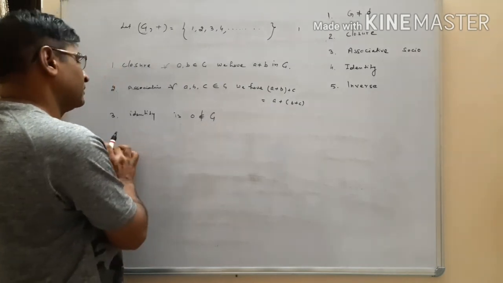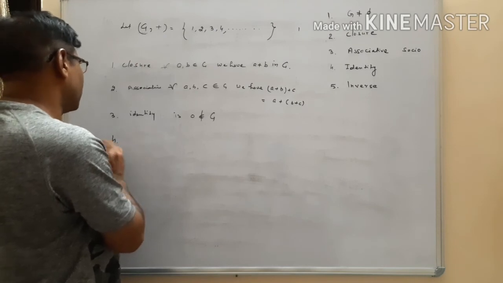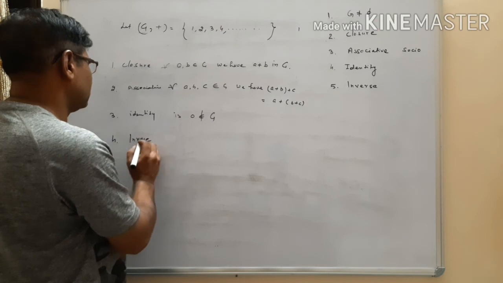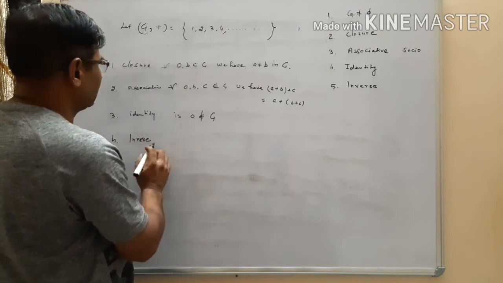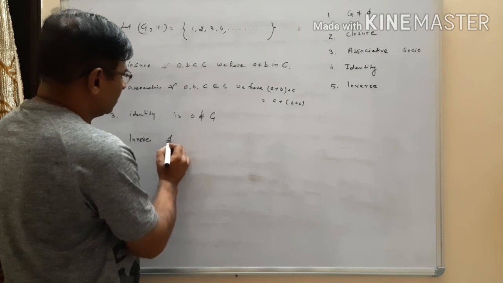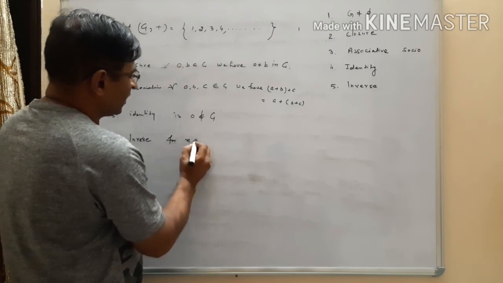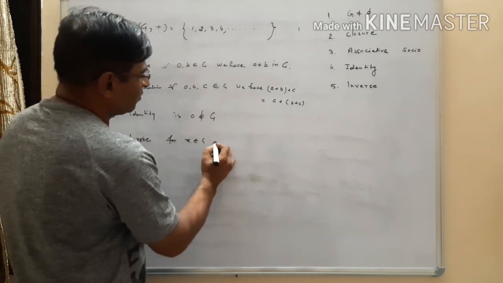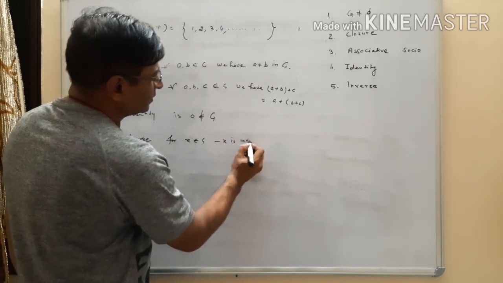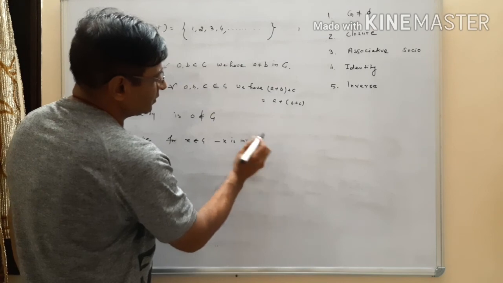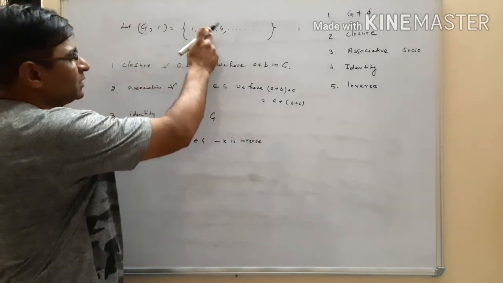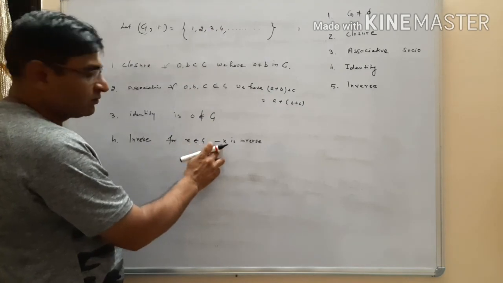Similarly, the fourth property, inverse. For X belonging to G, minus X is the inverse. If we take 3, then minus 3 is the inverse.